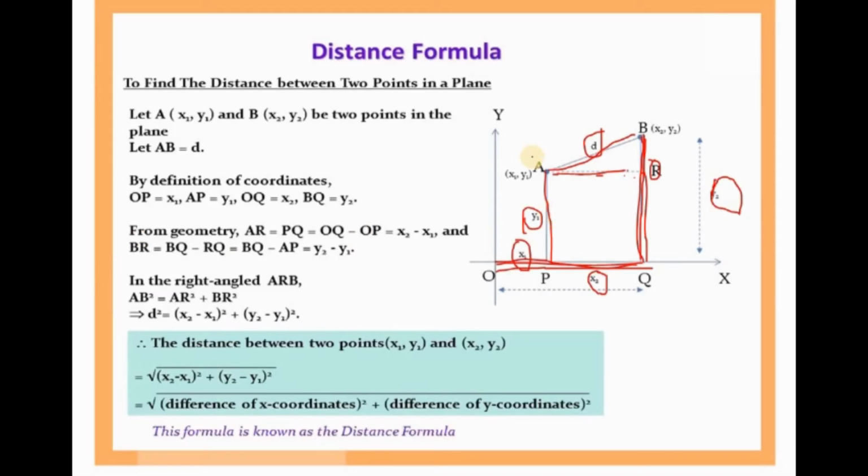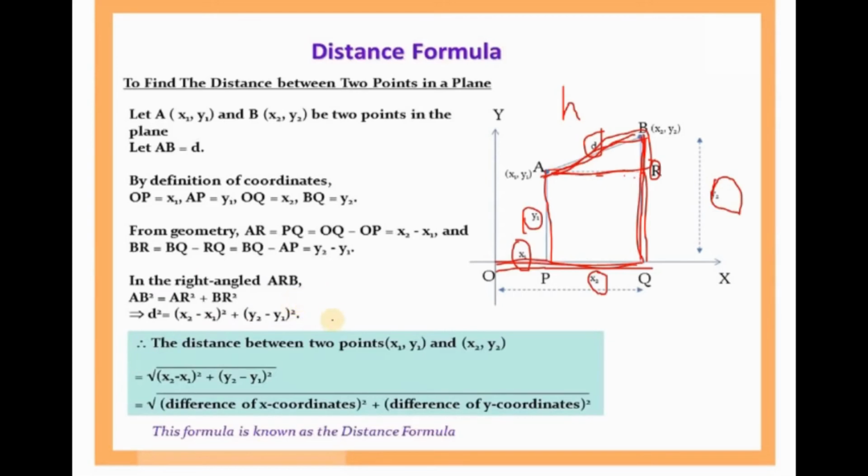Here you can observe that it is a right angle triangle. So what is AB here? It is the hypotenuse. Let's use Pythagoras theorem. What is Pythagoras theorem? AB square equal to AR square plus BR square. That is D. What we have assumed is that AB is D. So D square equal to (x2 minus x1) whole square plus (y2 minus y1) whole square.